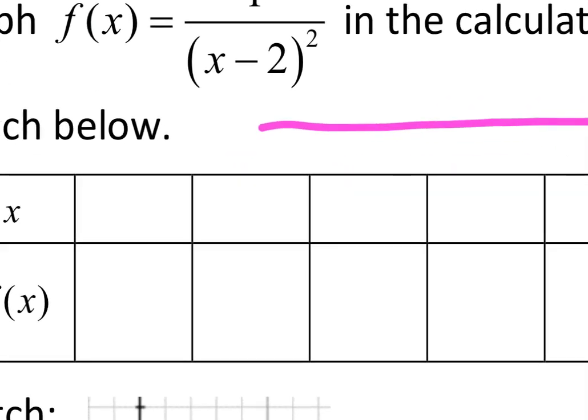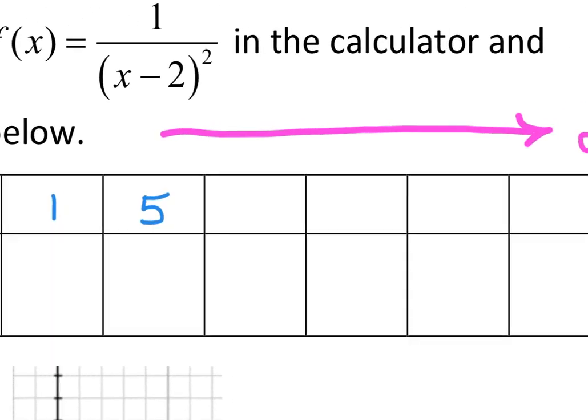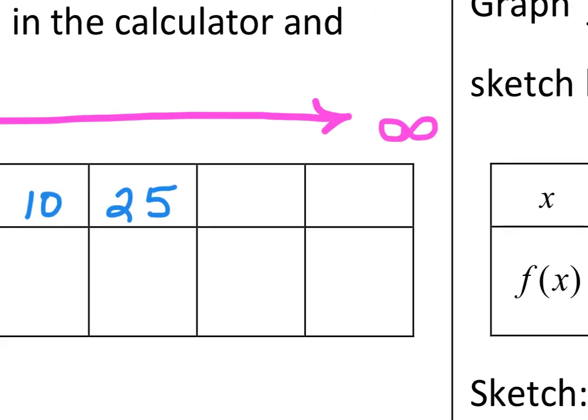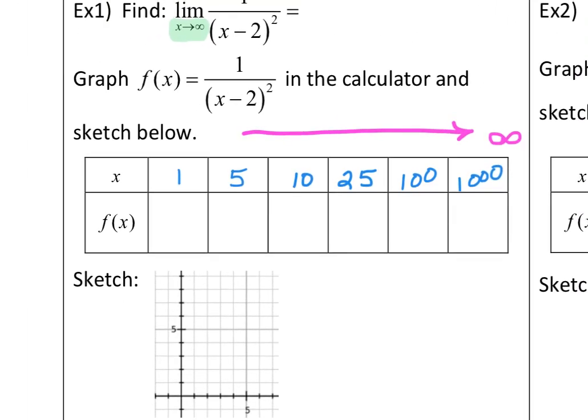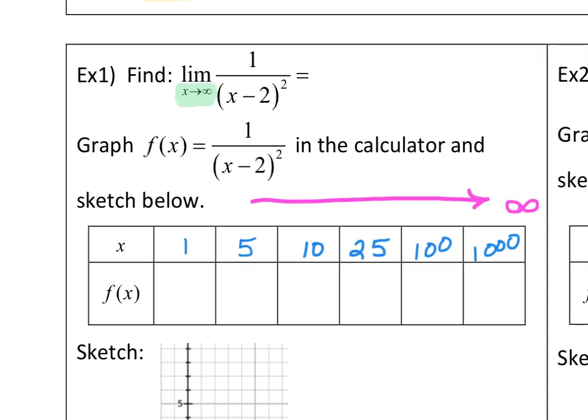So I'm going to start with a couple of one-digit numbers like 1, and then 5, and then some two-digit numbers like 10 and 25, and then a three-digit number like 100, and then a four-digit number like 1,000. In that way, look and see what is happening to the y values as the x values get bigger and bigger and bigger.